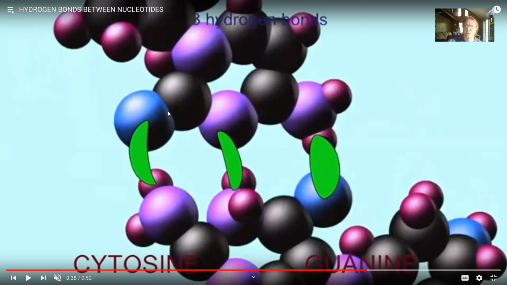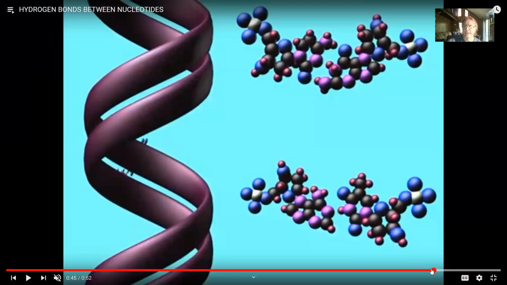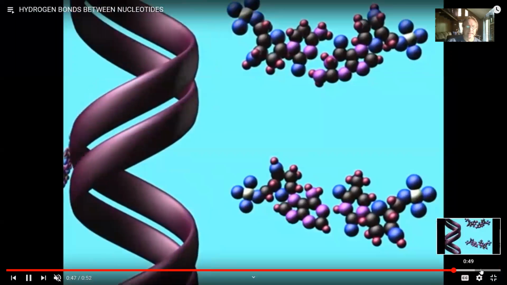Electrons tend to spend a little more time around oxygen atoms. And so the slightly positive hydrogen pole and the slightly negative oxygen pole are attracted to each other, forming hydrogen bonds. And the hydrogen bonds then help to keep the double helix together with 3 hydrogen bonds between the guanines and cytosines, and 2 between the adenines and thymines.